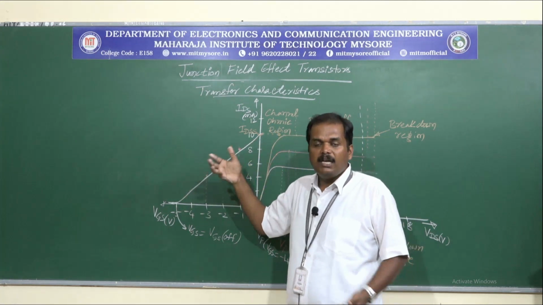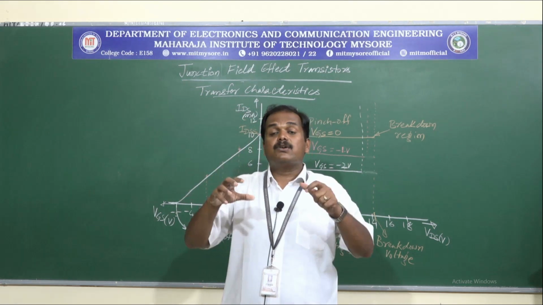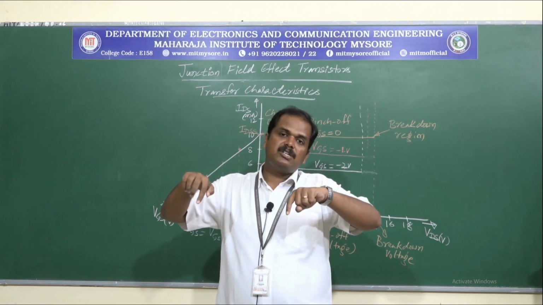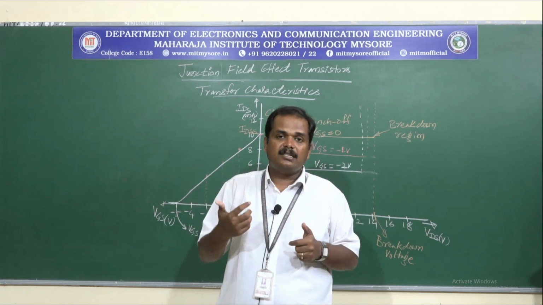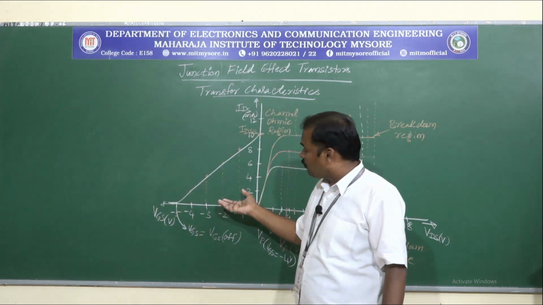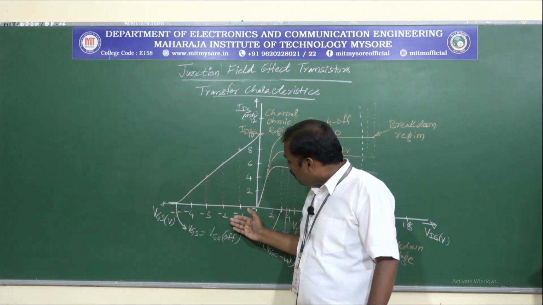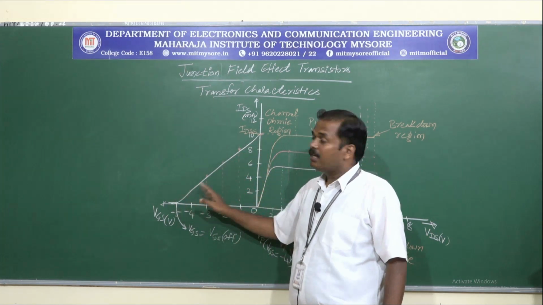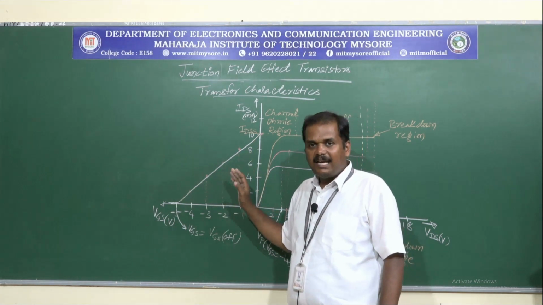This is what we understood when we discussed the operation of the N-channel JFET. You remember that? When we make VGS more negative, more depletion region penetration occurs, and that increases the channel resistance, which in turn reduces the IDS values. That is what we are witnessing with the transfer characteristics also. As we make VGS more negative, the IDS value decreases. So this is the transfer characteristics of the N-channel JFET.